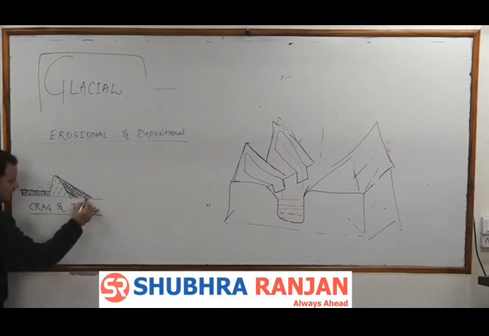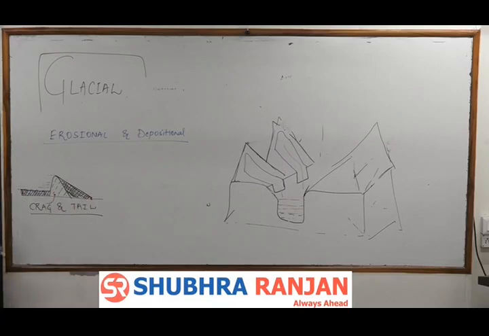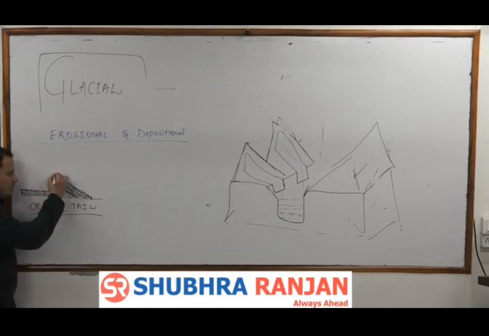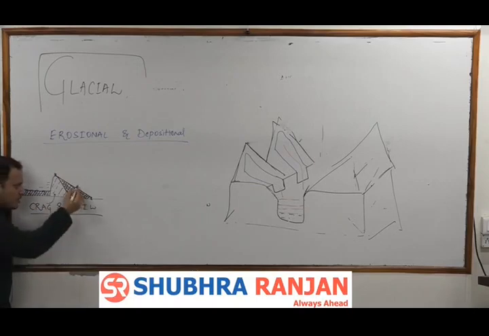So what is a crag in this? A crag is a mass of very hard rock, generally granite, generally gneiss, generally volcanic in origin, which cannot be eroded, and it will have a tail. So crag and tail topography is the most commonly used example and question, because in England the Queen of England stays on a crag and the royal road is the tail.